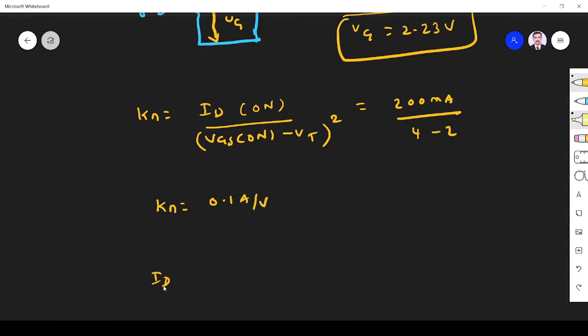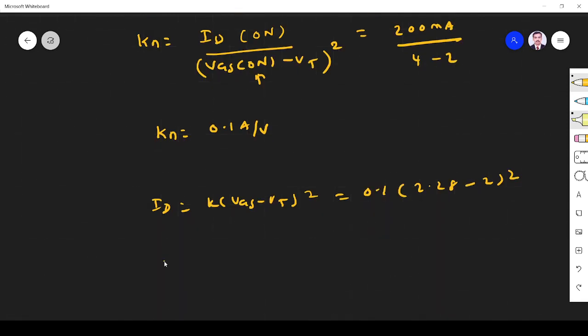Then I find ID. ID is equal to K (VGS minus VT) squared. This is ID on, ID on is in the question. So K is 0.1, VGS minus VT 2.28. This is VGS on. VT is 2, squared. So what I get is ID is equal to 5.2 milliamps.